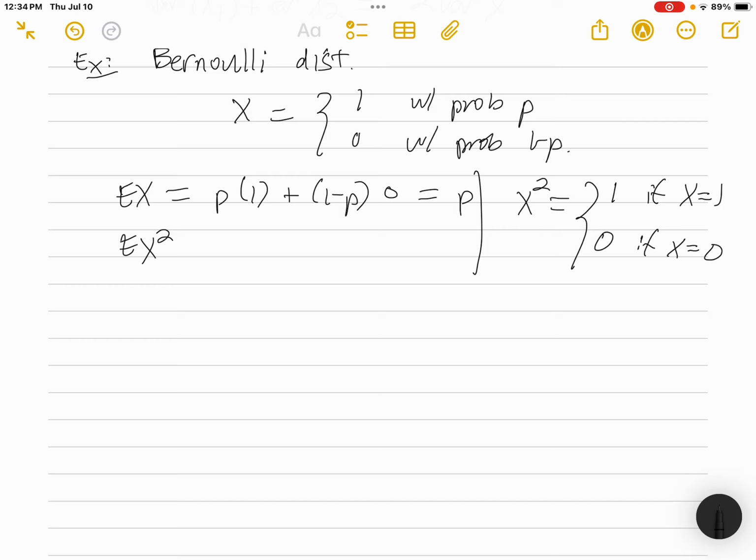So x squared is equal to 1 with probability p and 0 with probability 1 minus p. And so the expectation of x squared is the same as the expectation of x, which is p. Therefore, the variance of x is the expectation of x squared minus the square of the expectation, right? That's the formula. And this is p minus p squared, which we can write as p times 1 minus p.